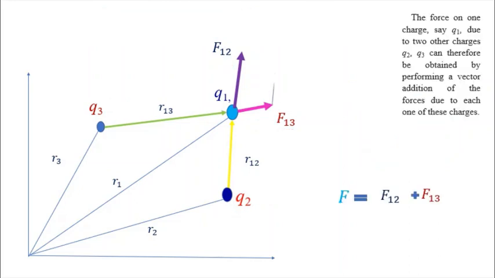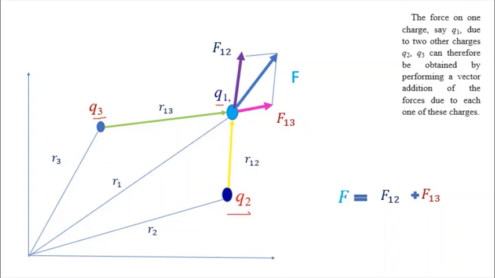The forces on charge Q1 due to the charges Q2 and Q3 are not in the same direction. They are in two different directions. So we have to find the net force on charge Q1 by applying the parallelogram law of vector addition.